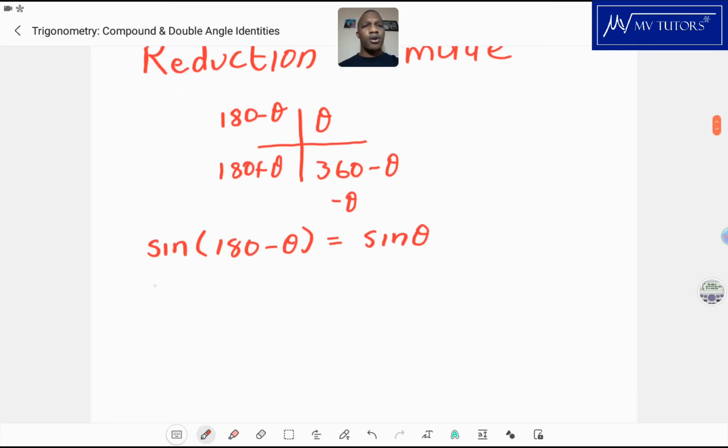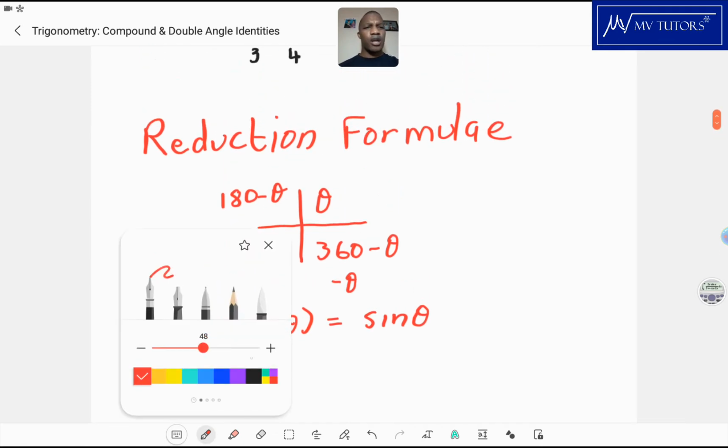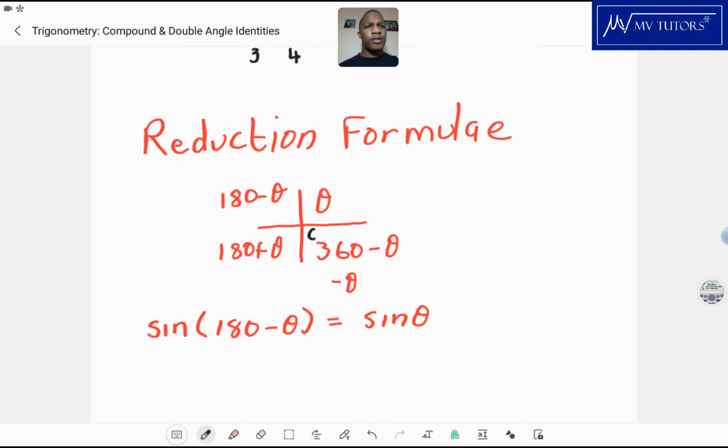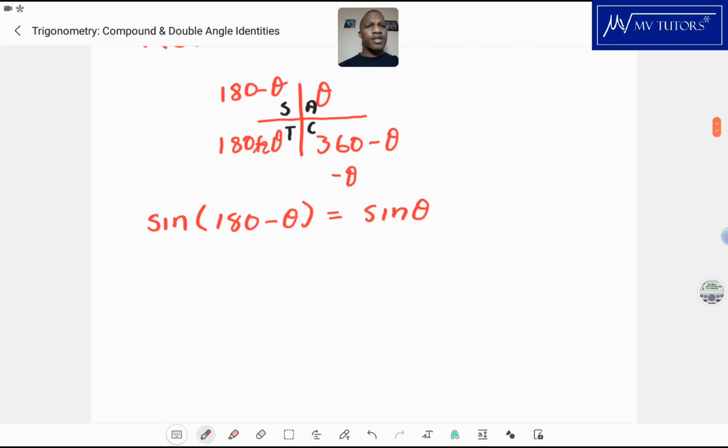Also, if we include our CAST here, just so that we know, then tan of 180 plus theta is going to be equal to a positive tan theta.